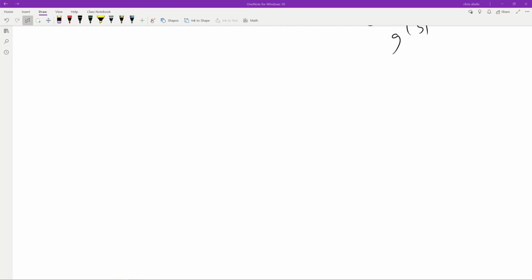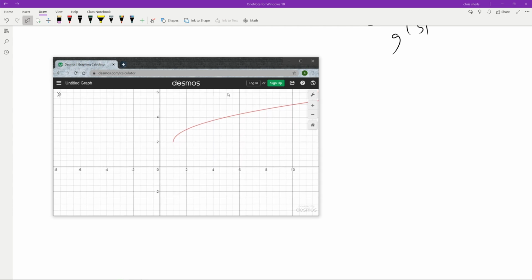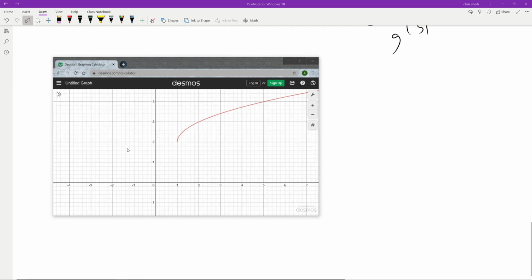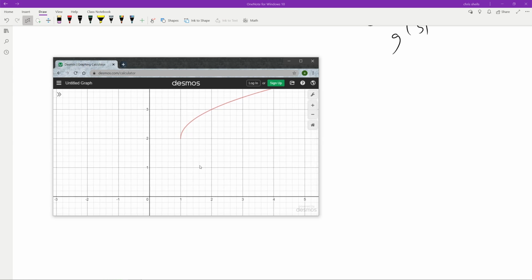Let's look at this one. Let's try to figure out what this is the graph of. I'll tell you that this is a transformation of the square root function. I'll zoom in so we can see the numbers better. So the square root function normally starts at 0, 0.